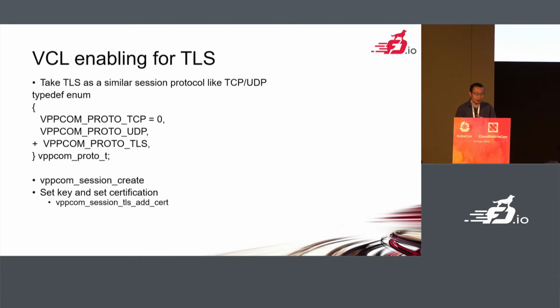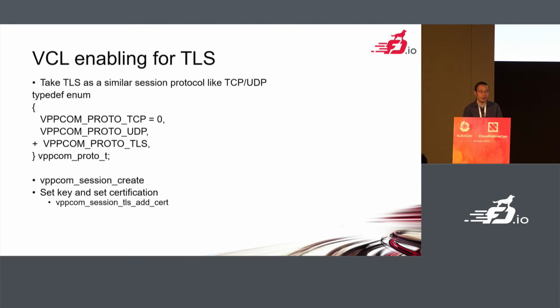And the detailed implementation is like this. For VCL enabling of TLS, besides traditional TCP and UDP, we added the TLS protocol, and it can be provided to VPP session create.